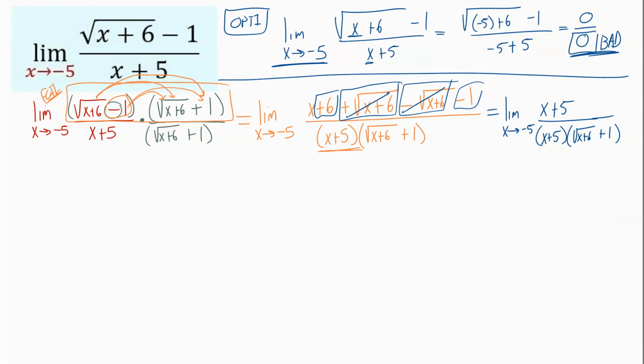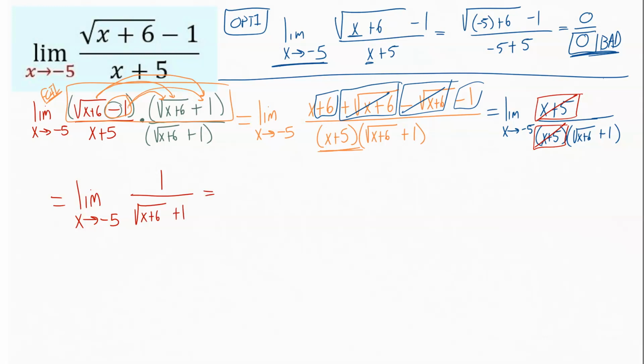Guess what? We get to cancel now. x plus 5 on top is going to cancel with x plus 5 on the bottom. So that trouble spot canceled out for us. So rewriting what we have, limit as x approaches negative 5, that's now going to be a 1 on top because we canceled out the x plus 5. And on the bottom, we're left with the square root of x plus 6 plus 1.